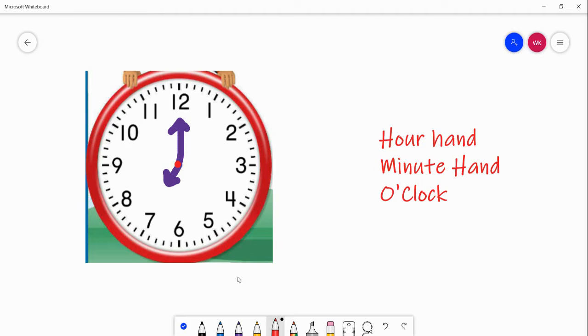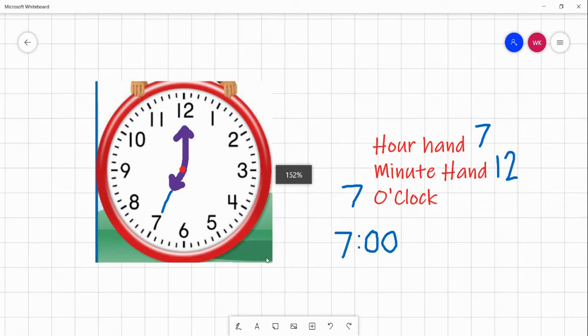All right, so I hope that you guys wrote this down. As you can see, the hour hand is pointed to the 7. The minute hand is pointing to the 12. That means 0 minutes. So it is 7 o'clock. So we have 7 as the hour, 0 as the minutes. So that shows 7 o'clock in that problem.